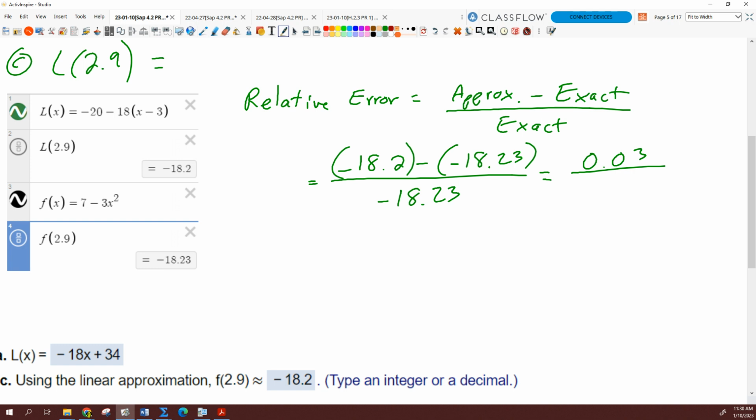So if we did over negative 18.23, that's going to give us, yeah, okay, you want to have the absolute value of the exact on the bottom, but don't put an absolute value on the top.